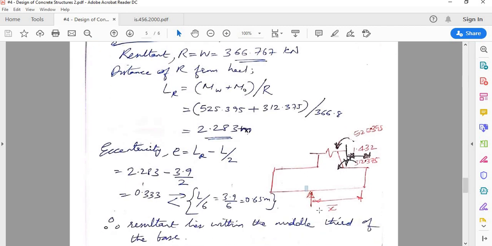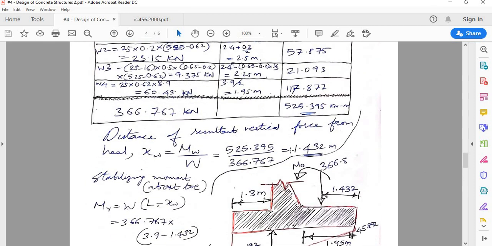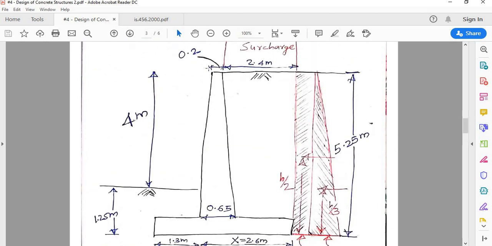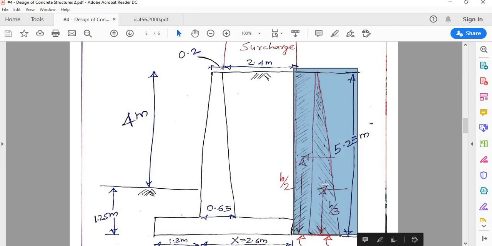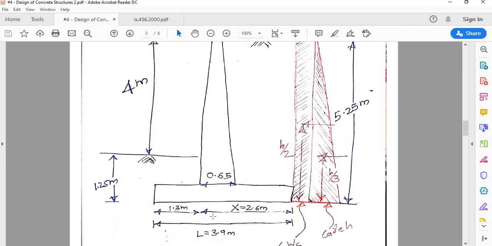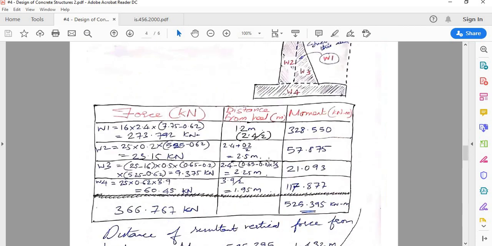For soil pressure, first we need to know this reaction. This reaction is equal to the vertical load that we have calculated here. If you look at our diagram, you have the net forces due to the weight acting downwards, while the active earth pressure and surcharge effect are lateral, so they do not contribute to the vertical reaction.